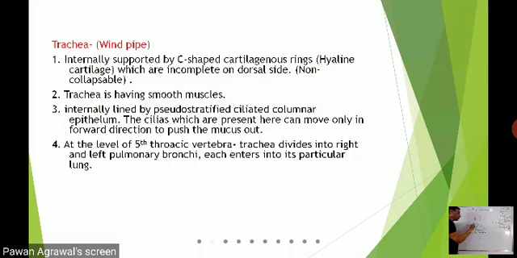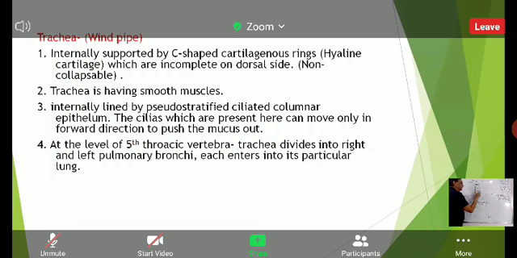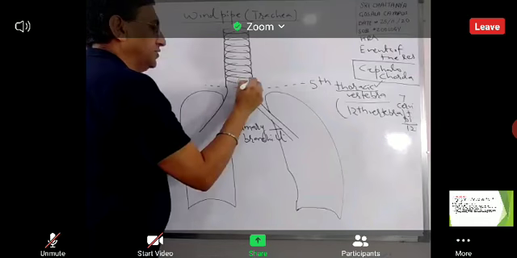Internally, the trachea is supported by C-shaped cartilaginous rings. What are they?